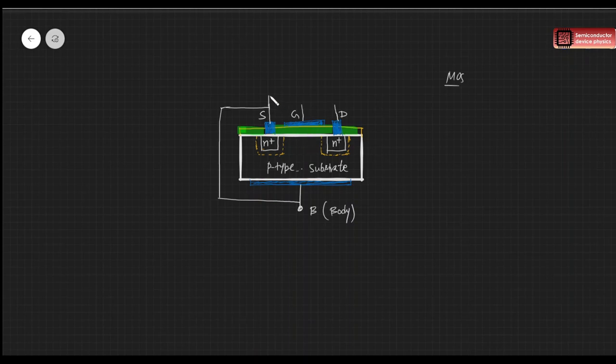So essentially what happens is, let me just bias it once. We are applying a positive voltage to the gate terminal, right? This voltage is our gate-to-source voltage, VGS.